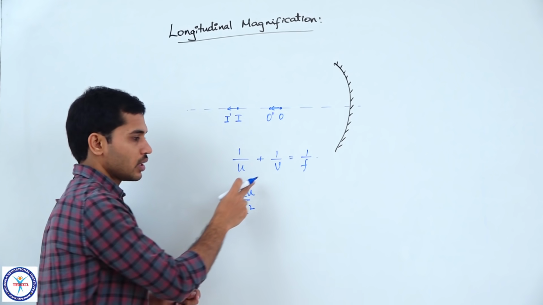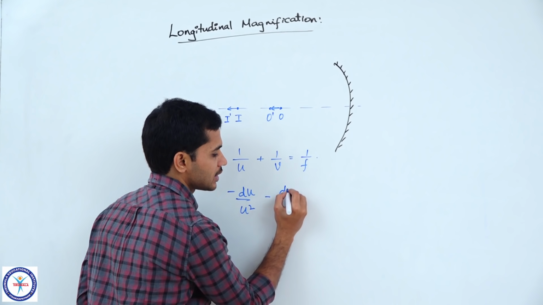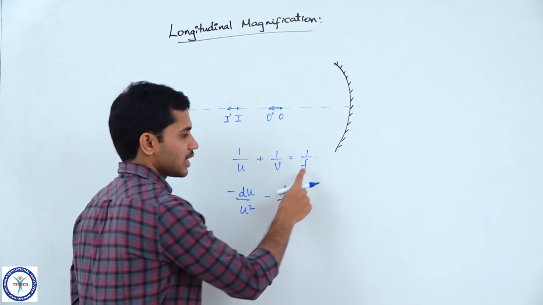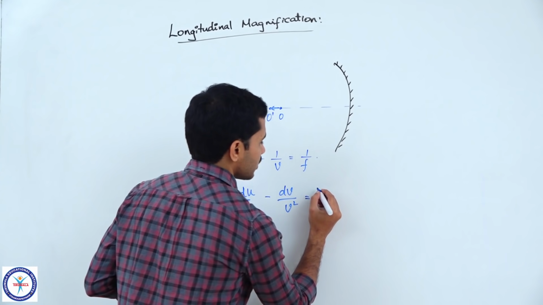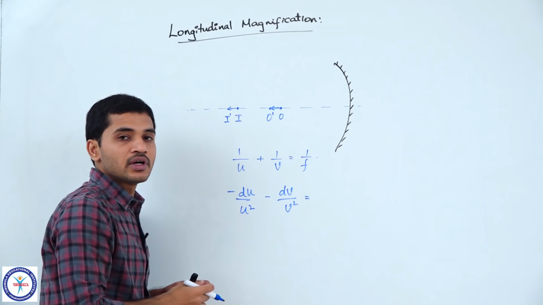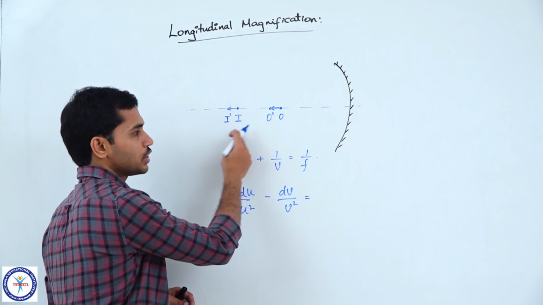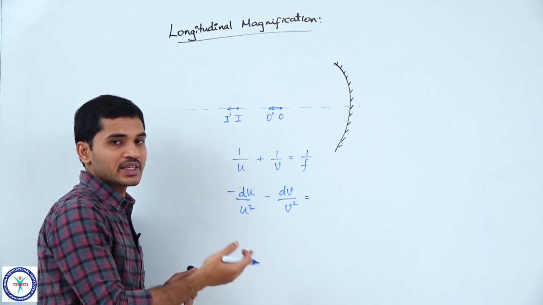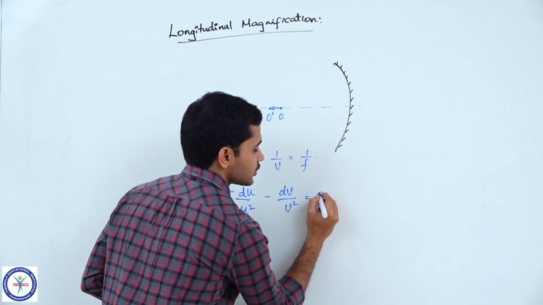Differentiating the next term, I get minus dv by v square. Similarly, the focal length of the mirror is a constant value. For a particular mirror, I am changing u and v values, so focal length is fixed. When I differentiate it, I get 0.